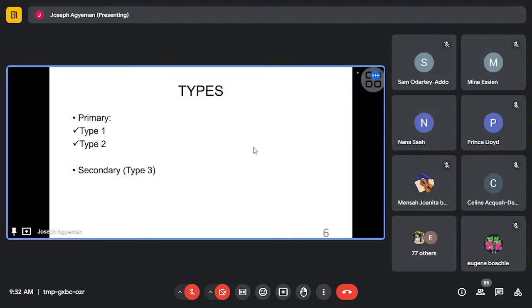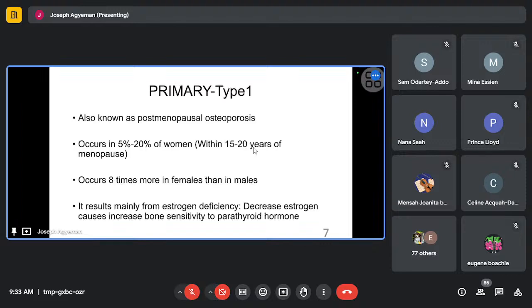Okay, so we have two main types. That is the primary and the secondary. But for the primary one, we have two subtypes. That is type 1 and type 2. And at times, the secondary one is also termed type 3. So the primary type 1 is the one that occurs in women after menopause. Normally, by 15 to 20 years after menopause, they get this type of osteoporosis.